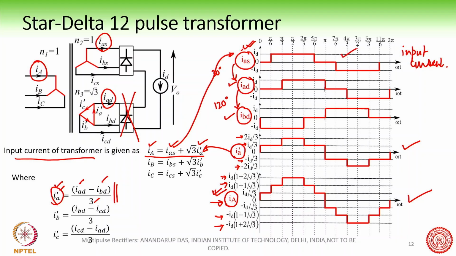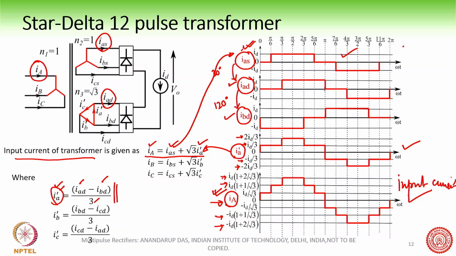It has all the odd harmonics, 1, 3, 5, 7. But now with this 12 pulse arrangement, we have got this one. So our input current has actually completely changed. We now have this as the input current.